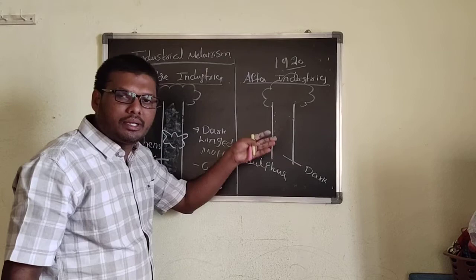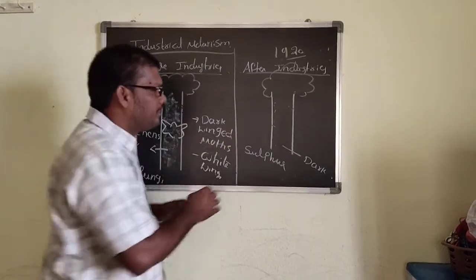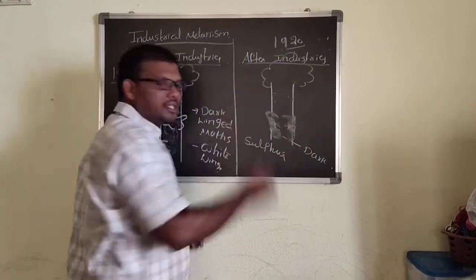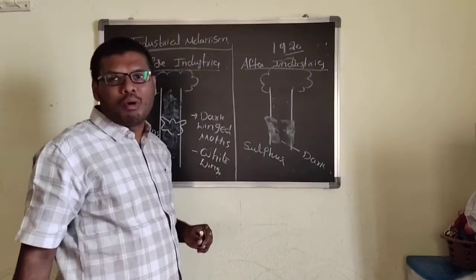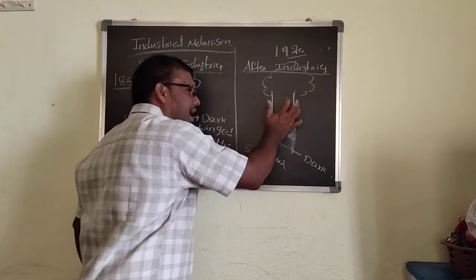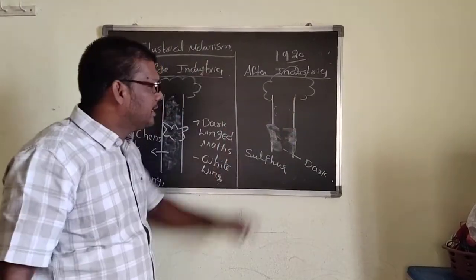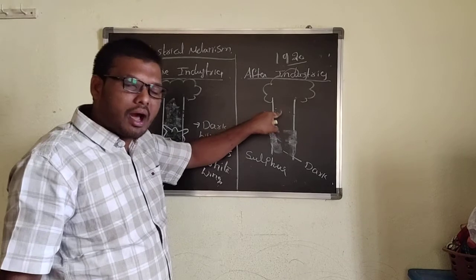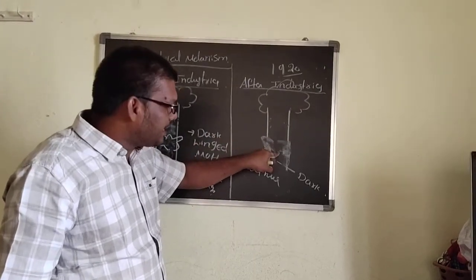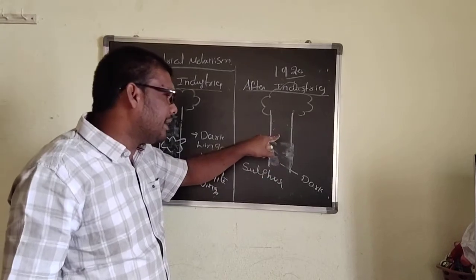When the bark turns dark, a white winged moth is there and a dark winged moth is there. Now the predator identifies the dark color one or the white color one. Here the dark winged moth has a dark background, while the white winged moth has a dark background contrast.